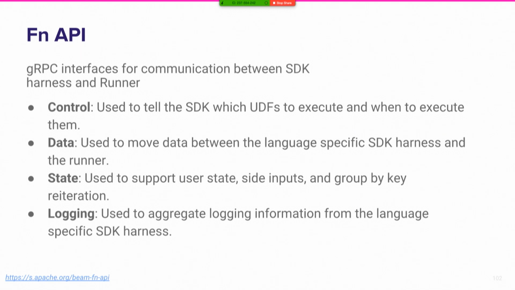And then bundling is a grouping of many records. And the data plane is the interface that, via streaming gRPC, transfers the actual records between runner and SDK worker. And then there's also state and logging. So the execution is orchestrated by the Flink Runner, but the actual work happens in an SDK worker, which is a Python process.